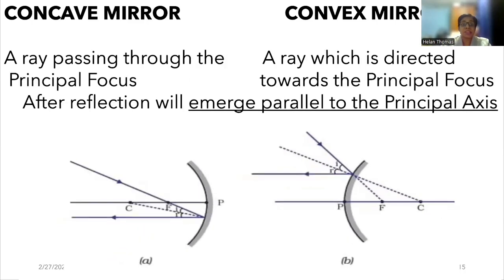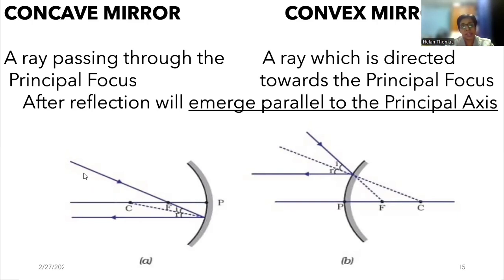A ray which is passing through the principal focus, in the case of a concave mirror, after reflection will emerge parallel to the principal axis. Likewise, a ray which is directed towards the principal focus of a convex mirror will also, after reflection, emerge parallel to the principal axis.